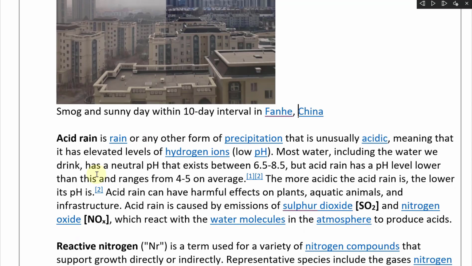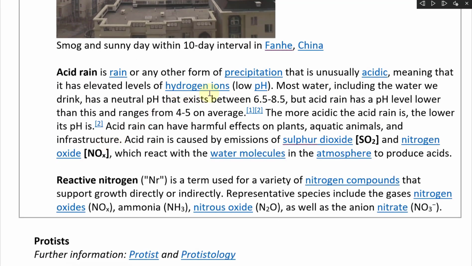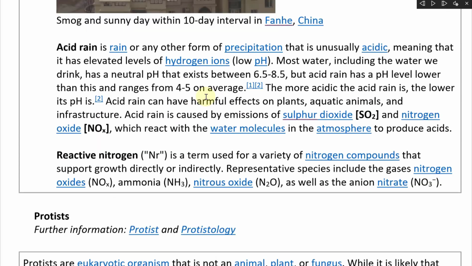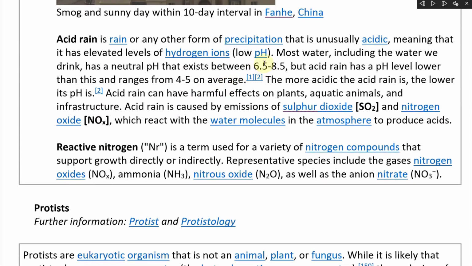That is smog. And acid rain is rain or any other form of precipitation that is unusually acidic, meaning that it has elevated levels of hydrogen ions, which means low pH. Most water, including the water we drink, has a neutral pH between 6.5 and 8.5.